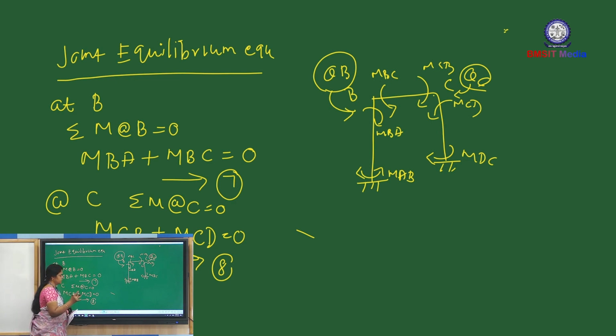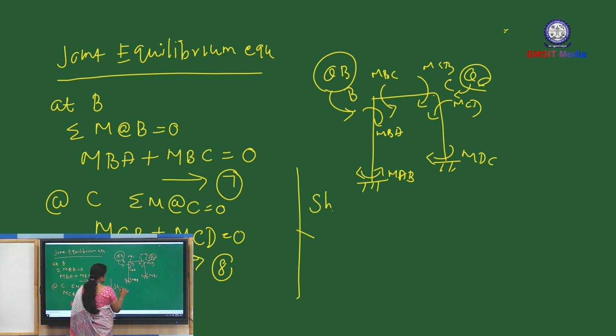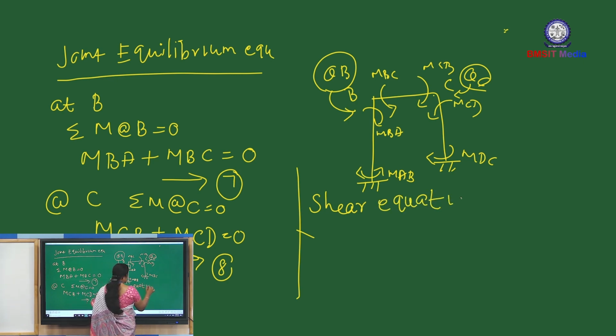Our unknowns are 3, so we want 3 equilibrium equations. Two are joint equilibrium equations, and another one is the shear equation. So the end moments here, MAB plus MBA.